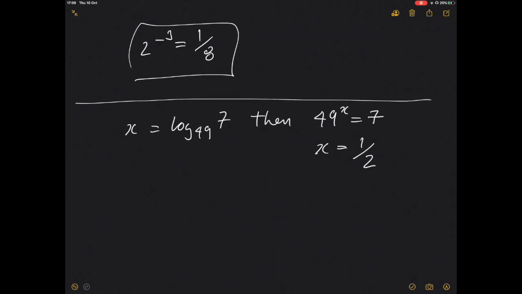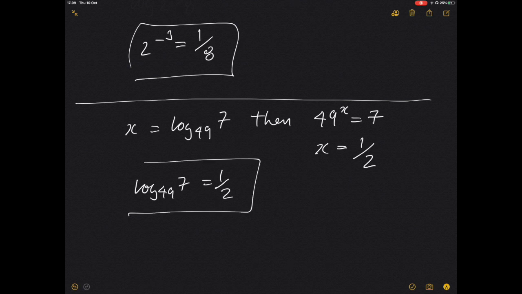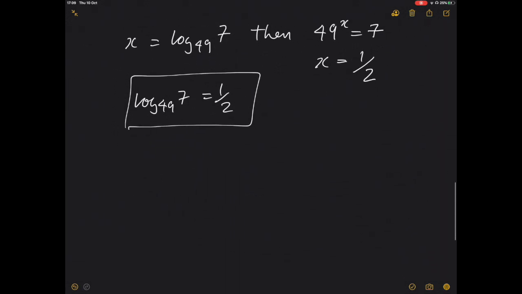Likewise, we could then put that back into the equation and say log base 49 of 7 equals a half. So we can just fill out this equation back again.